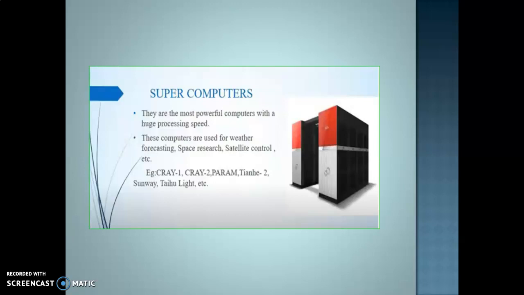These computers are used for weather forecasting, space research, satellite control, etc. For example, Cray-1, Cray-2, Param, Tianhe-2, Sunway Taihu Light, etc. Param is a series of supercomputers designed and assembled by the Center for Development of Advanced Computing or C-DAC, India.